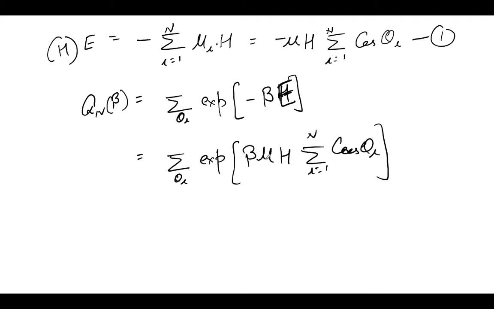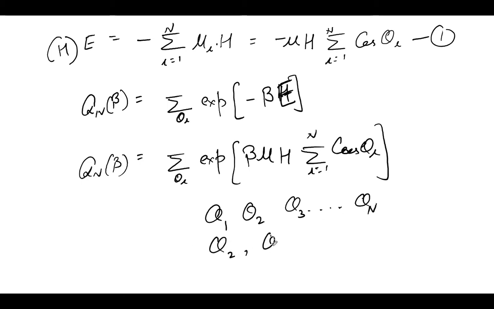Here this Qn represents the summation over all sets of orientations of all those identical dipoles. So it is something like orientation theta 1 for the first dipole, and so on up to the n-th dipole.